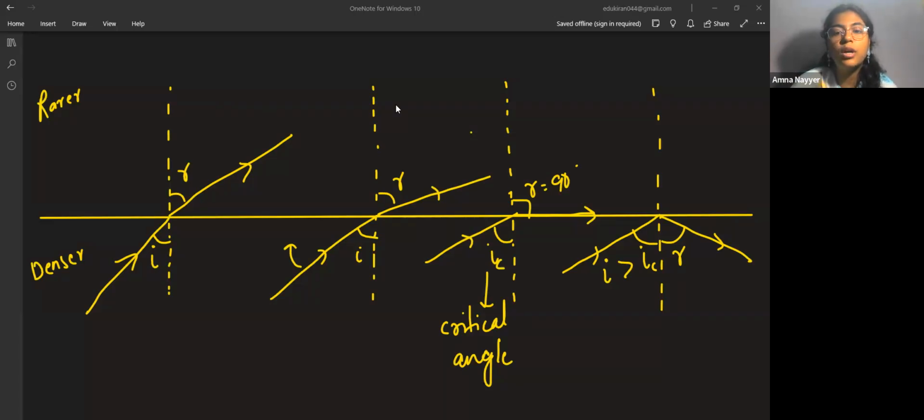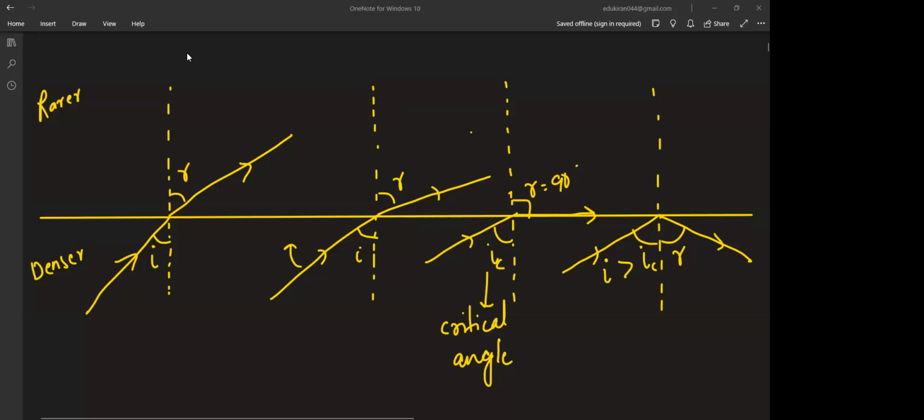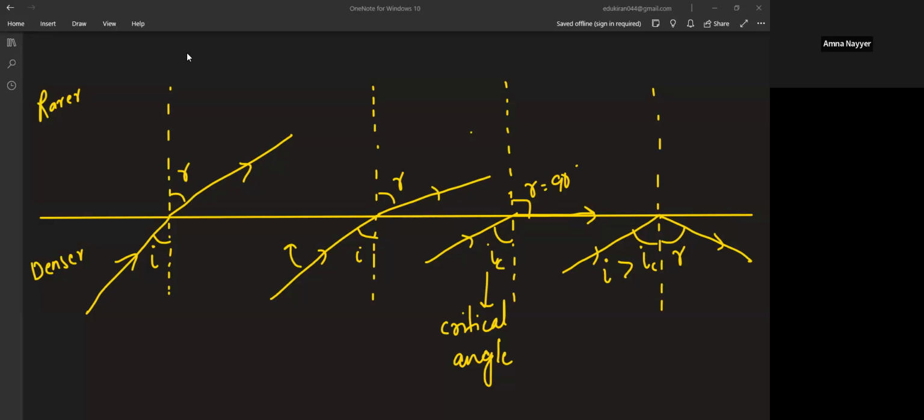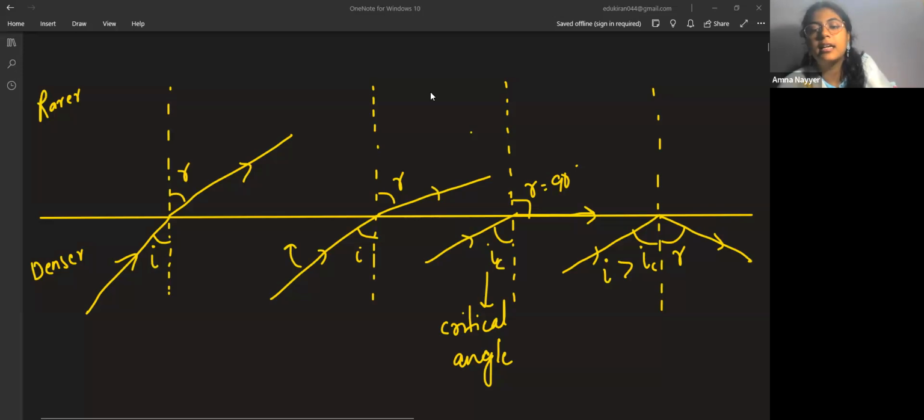Critical angle is the angle where light passes through a denser medium to a lesser dense medium. See, critical angle is the angle of incidence in the denser medium. Critical angle will never occur in the rarer medium. So the angle of incidence in the denser medium, for which the angle of refraction is 90 degrees, you have to specify that the angle of refraction is in the rarer medium.